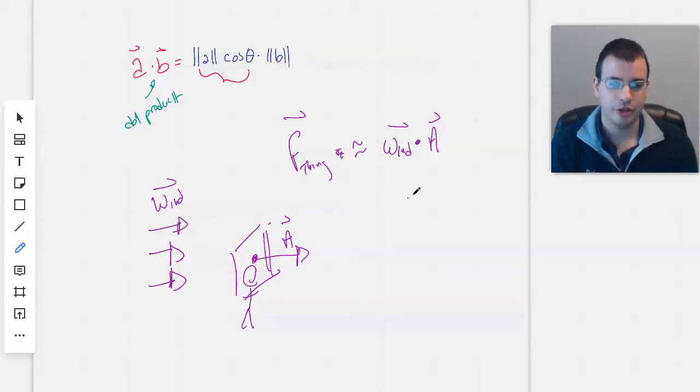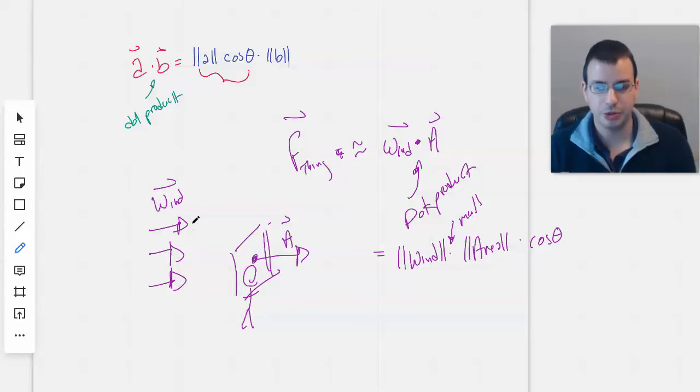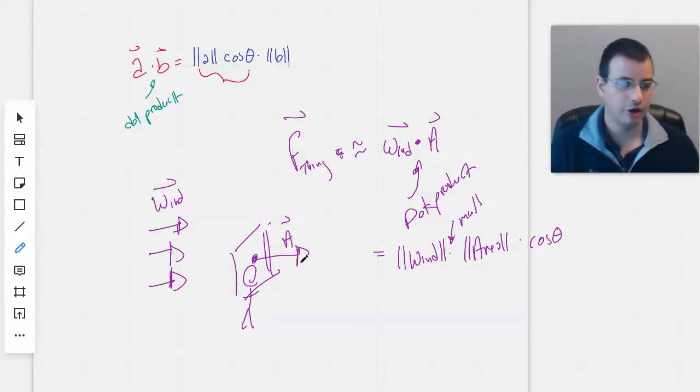And so the idea here is the dot product, and that's going to be the magnitude of wind times area times cosine of theta, where theta is the angle between your wind vector and your area vector.